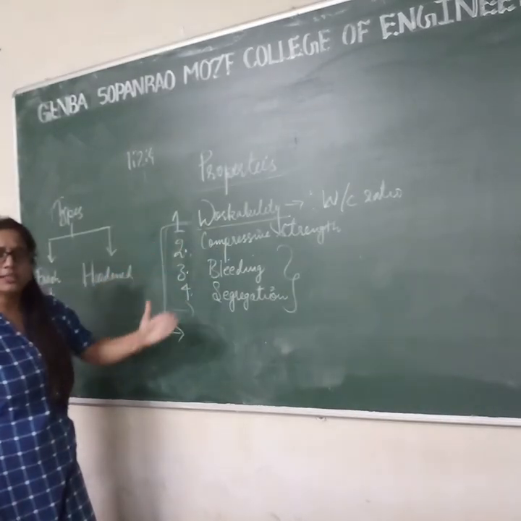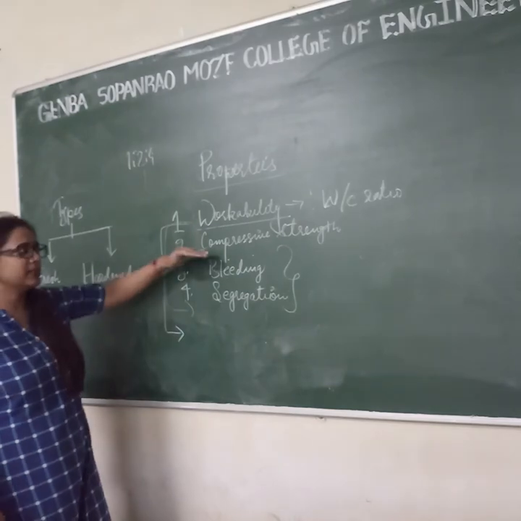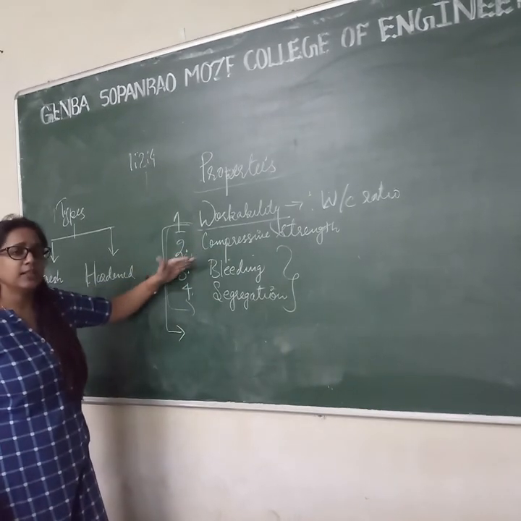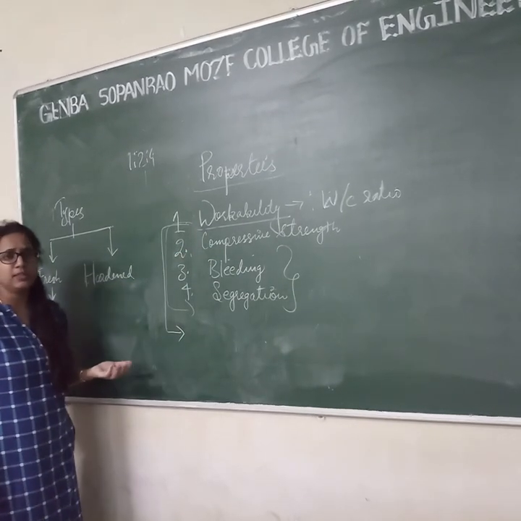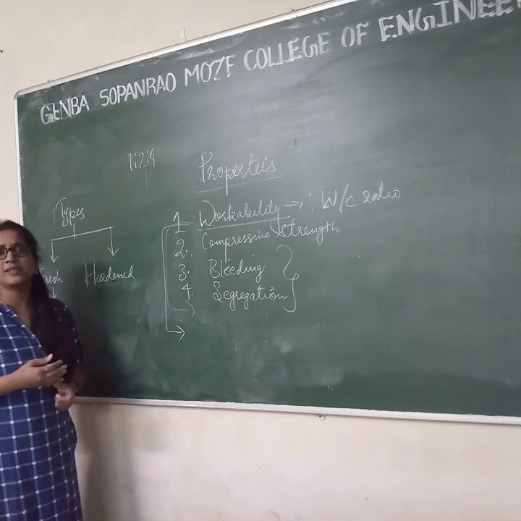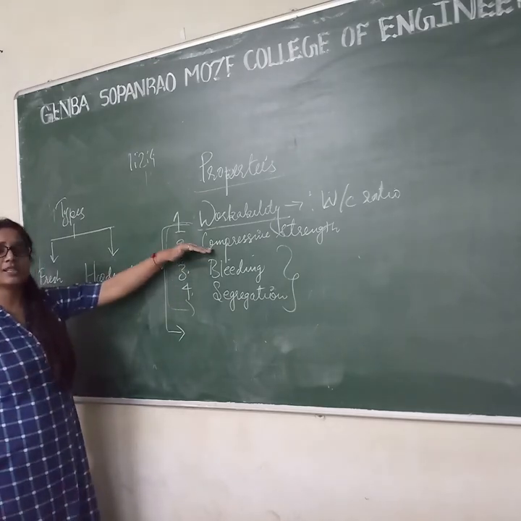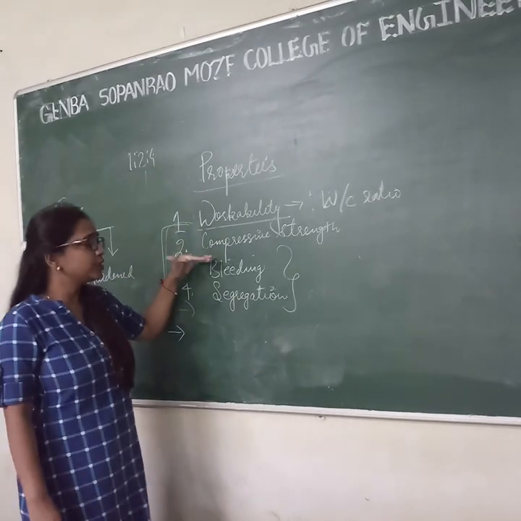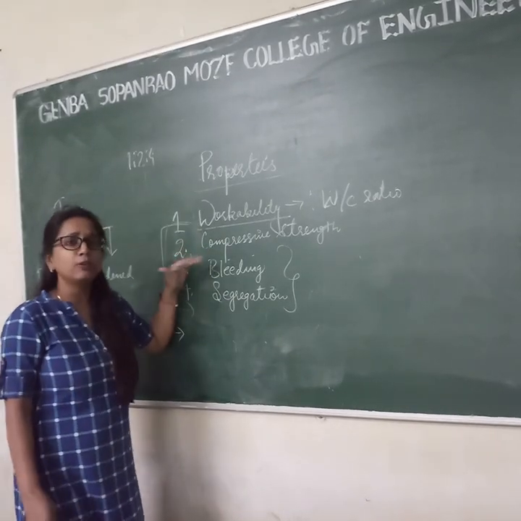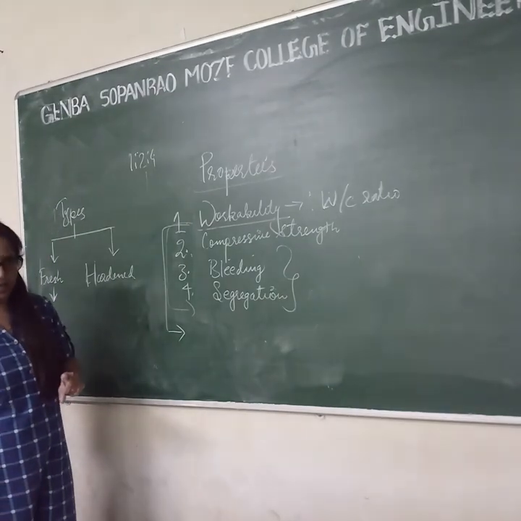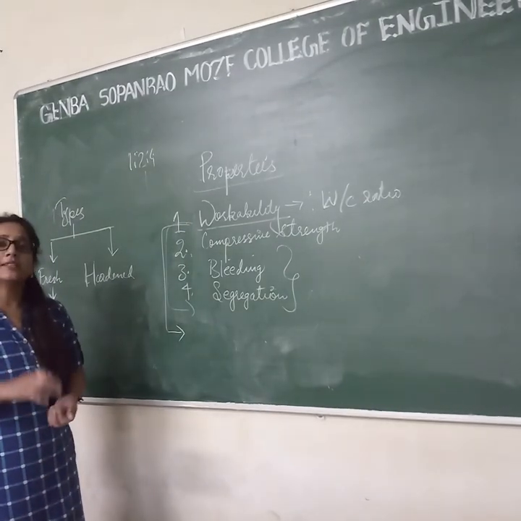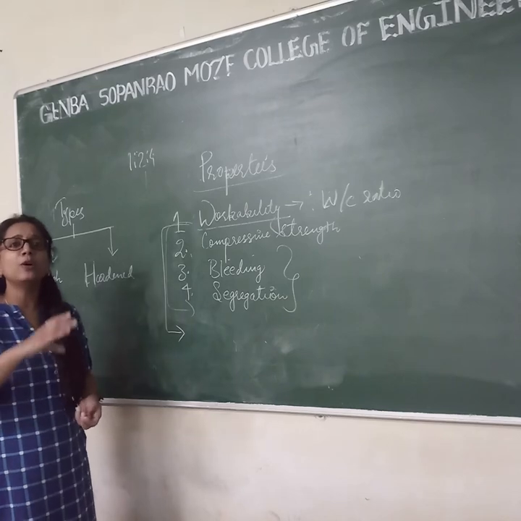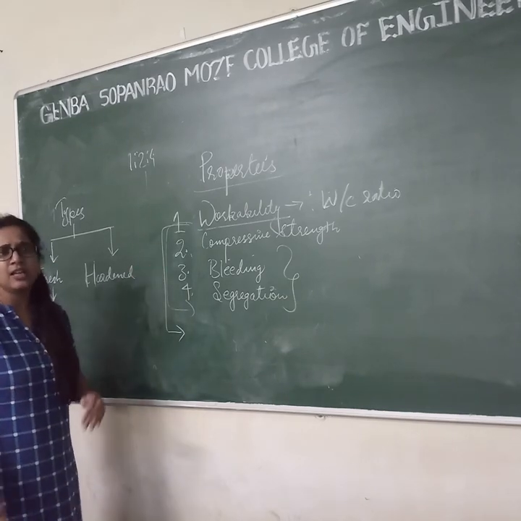Now compressive strength. Concrete means compressive strength only. From concrete you can get compressive strength. You have two types of strength, compressive and tensile. Concrete possesses compressive strength, which can be taken by the compressive testing machine, CTM, by making specimens, cubes of the concrete of different grades.